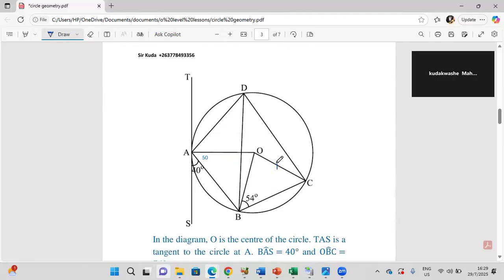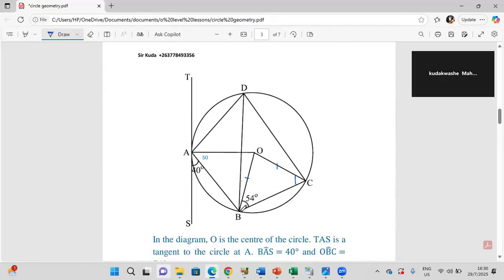If we have an isosceles triangle, that's a triangle with two equal sides. So if these sides are equal, even the base angles are equal. When two sides of the triangle are equal, not all the sides, the base angles are also equal. So even if the question did not say they are equal, the radiuses of a circle are always equal.